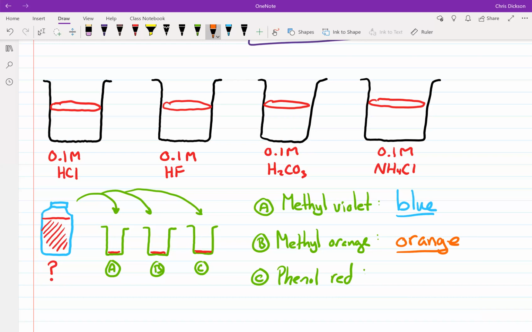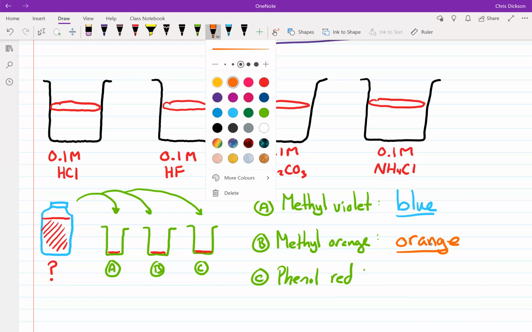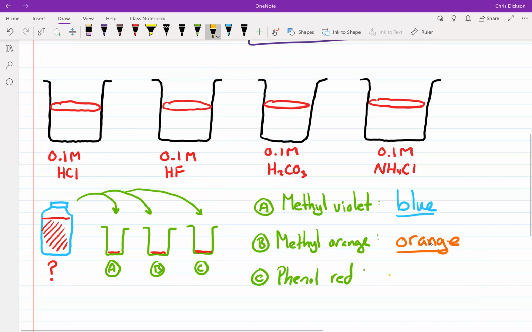And with phenol red, we get a yellow color. Okay, so it turns yellow. So we get these 3 different color changes, and based on that, we're trying to determine what chemical is actually in this beaker here. So let's determine the range that the indicator would have to be here.